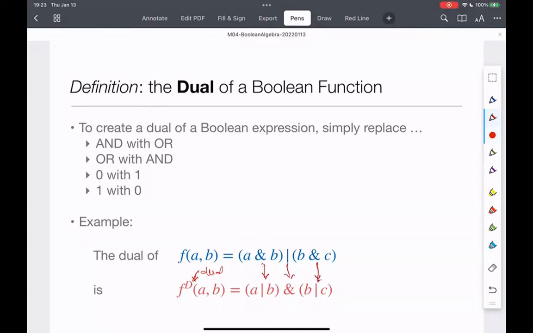In this case, there are no 0 and 1, so that doesn't change. Okay, so that's the dual. Sometimes students make the mistake of saying, oh, if I have a NOT, I'm going to remove it. No, you don't touch NOT at all. You're only touching AND and OR, and zeros and ones. Now this is just a definition. There's no magic about it. This is how we define the dual of a Boolean function.